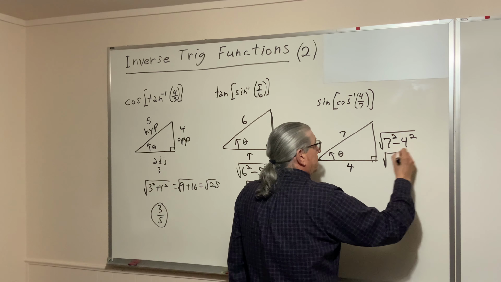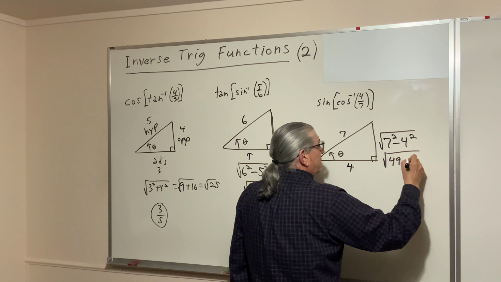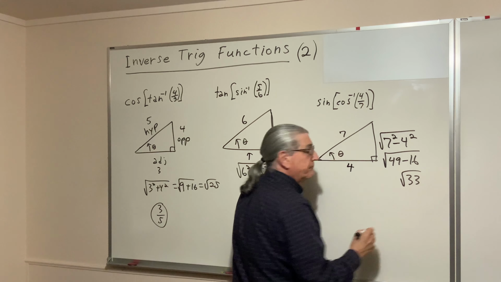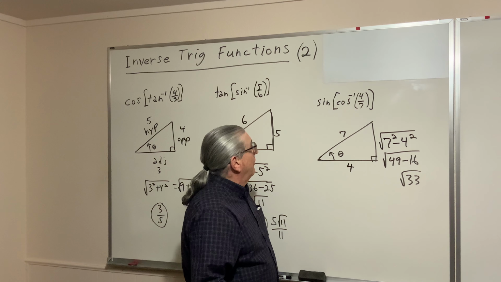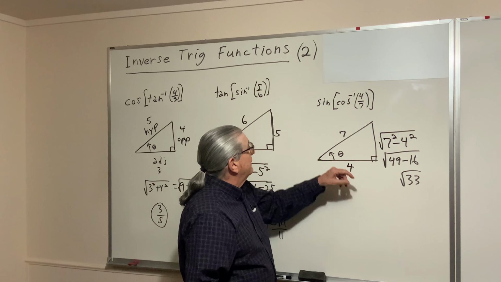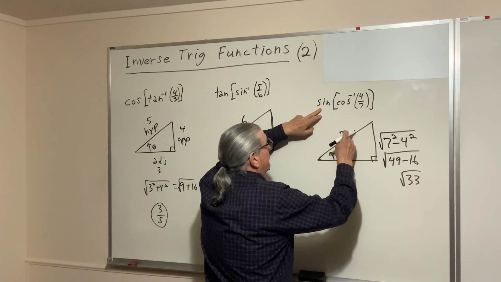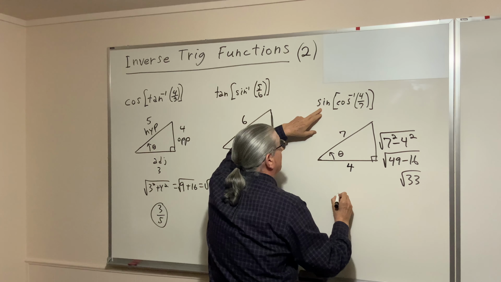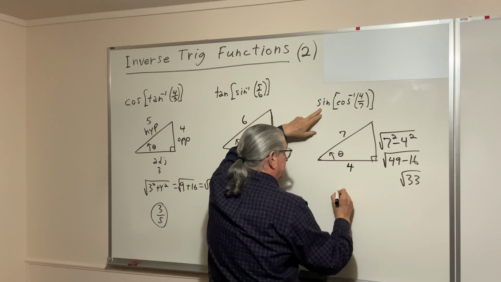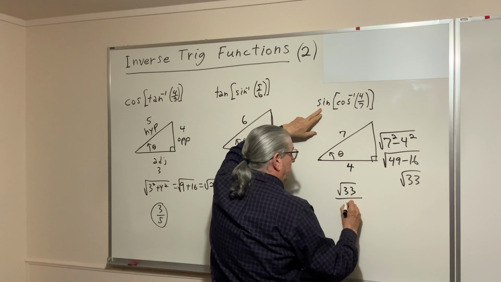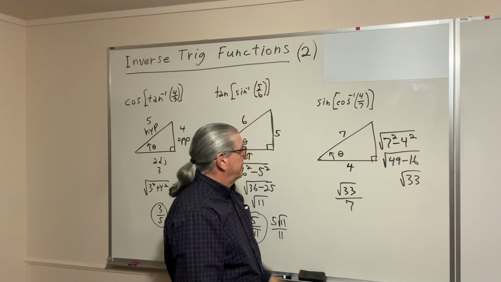So it's the square root of 49 minus 16, which is the square root of 33. Okay, so now we've got all three sides, and now we want the sine, which is the opposite over the hypotenuse. So the sine is equal to the opposite, which is the square root of 33, over the hypotenuse.